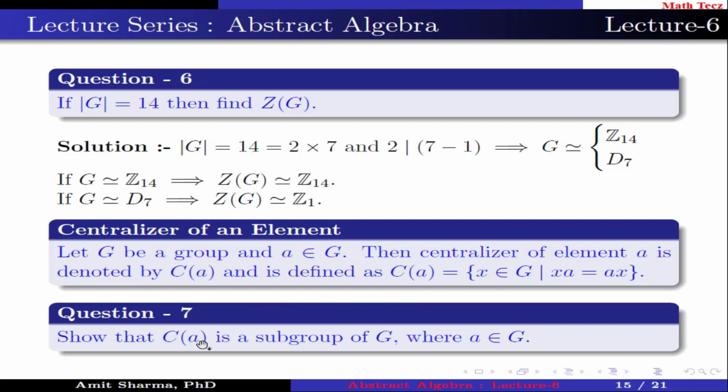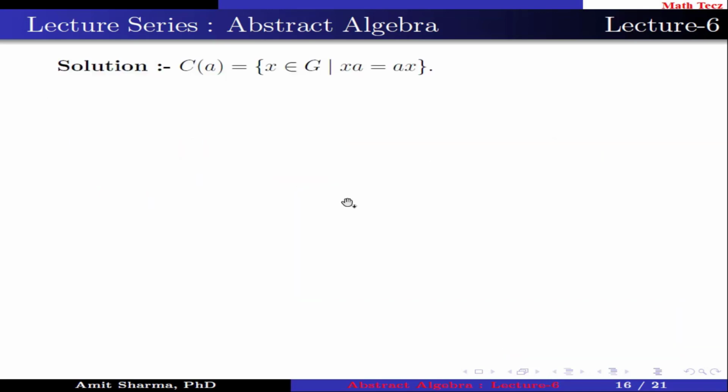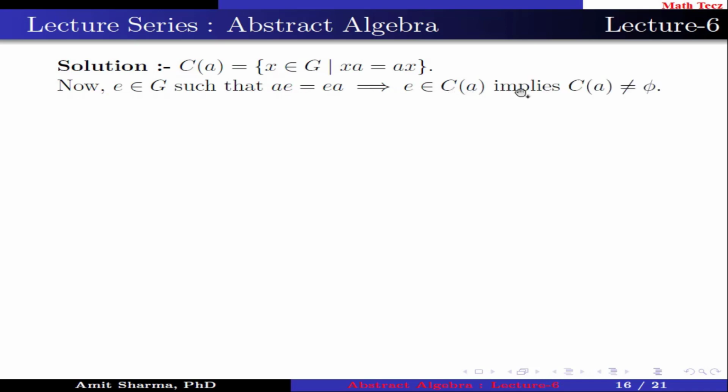Show that C(a), the centralizer of a, is a subgroup of G, where a belongs to G. C(a) contains the elements x belonging to G such that xa equals ax. Now e belongs to G such that a times e equals e times a, which implies e belongs to the centralizer of a, which implies the centralizer of a is not equal to the empty set.